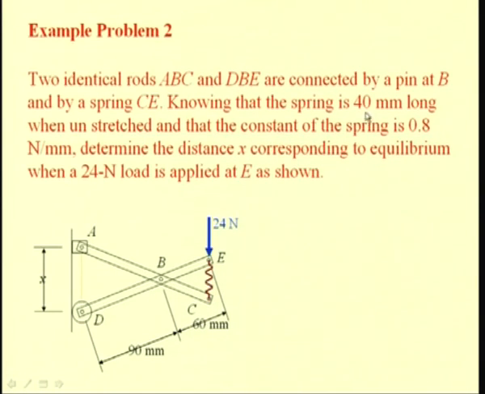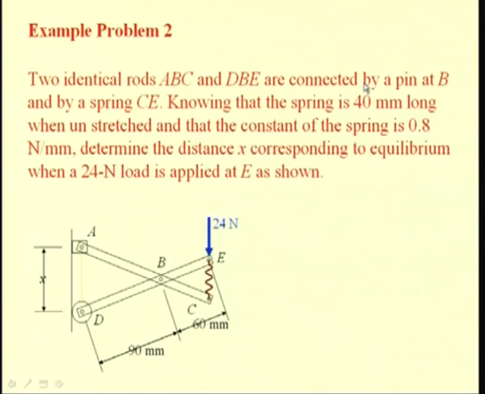The spring constant is 0.8 Newton per mm, and it is known that the spring is 40 mm long when it is unstretched, that is the free length of the spring is 40 mm.